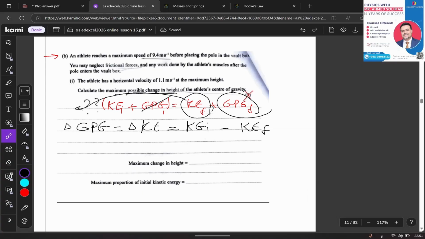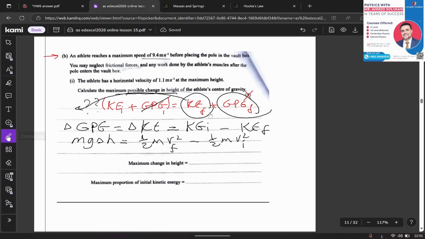Yes. Mirola, do you understand? Yes, but where do we find the mass? mg delta h equals half mass v squared minus half mass v squared, right, Mirola? We can cancel out the mass. This is why we have to write it like this.